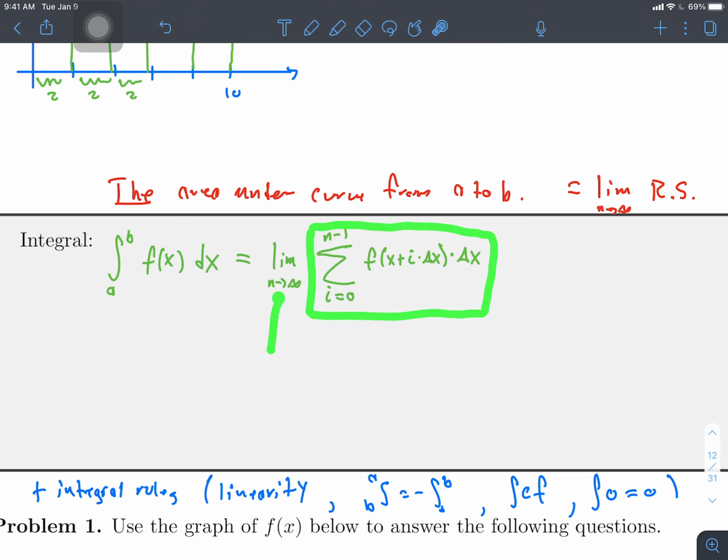So what does it mean when we take a limit as n goes to infinity? Well, n is the number of rectangles which we are going to use.